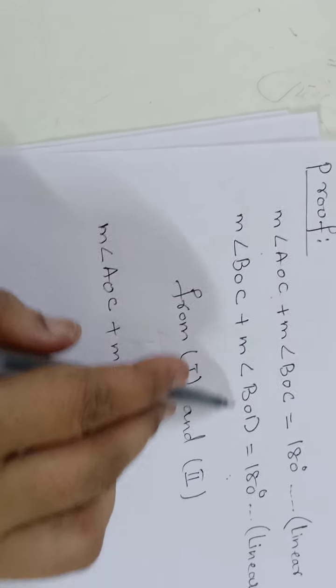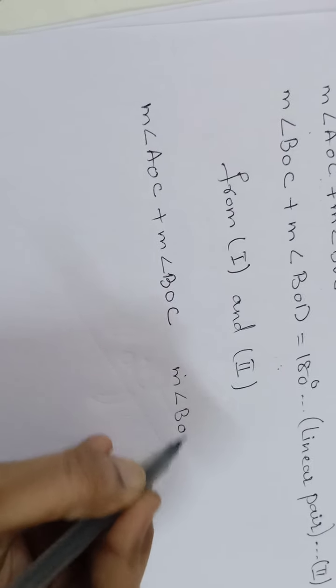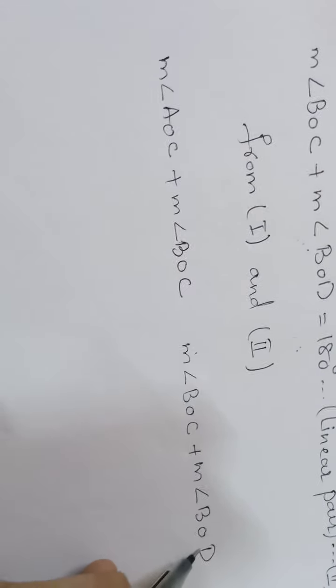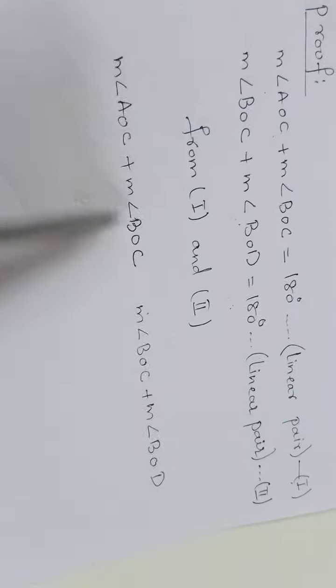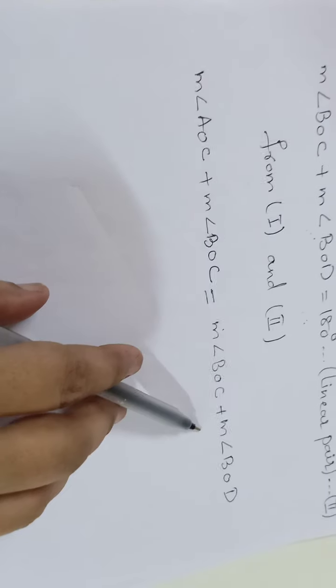Now what is the left hand side of equation 2? This one. So measure of angle BOC plus measure of angle BOD. These two are both the left hand sides of equations 1 and 2. Right side equal, so left side will also be equal. So we have got that these two are equal.